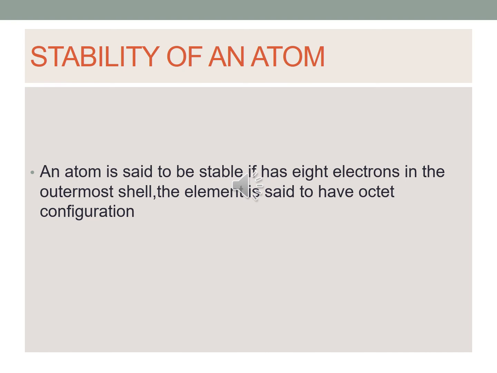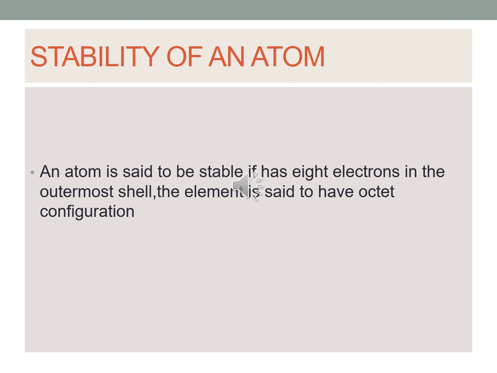If an element does not have 8 electrons in the outermost shell, it is unstable. Stable is the opposite of unstable. நிலைத்தன்மை அற்றது. So these elements combine with other elements to complete their octet and attain stability.